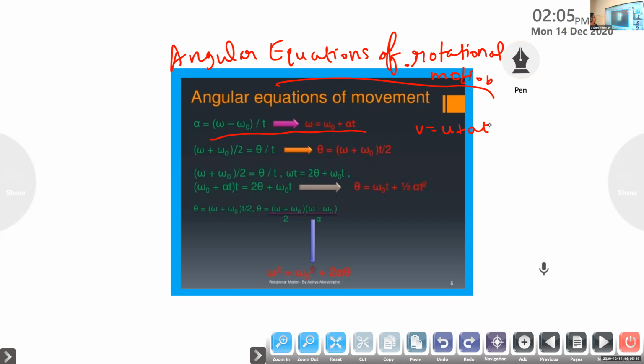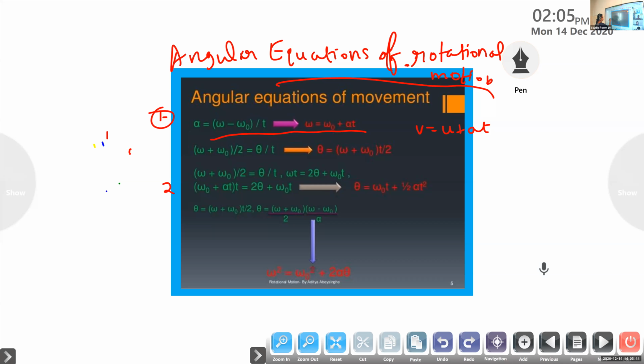Okay. This is the first equation. Don't write the second one, I'll tell you when to write.